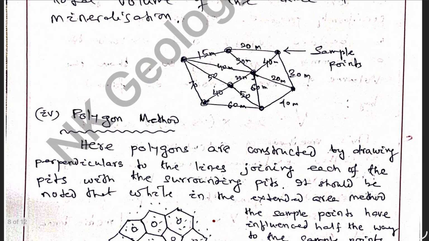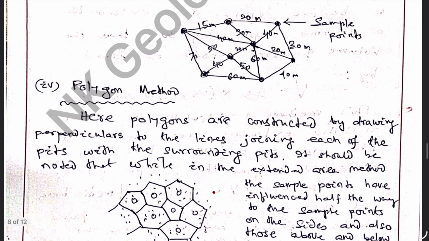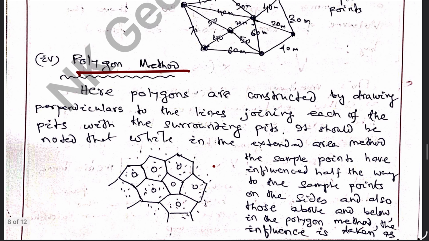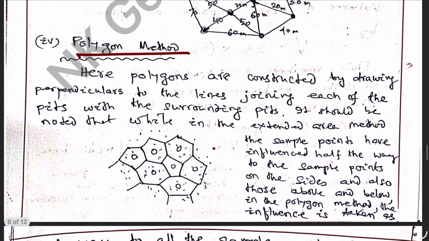Same way, but here the samples are not in a grid pattern. Now let us discuss polygon method. Here polygons are being drawn around the sample points. Here the samples are not in a grid pattern, but in between the samples perpendiculars are drawn at the middle point.